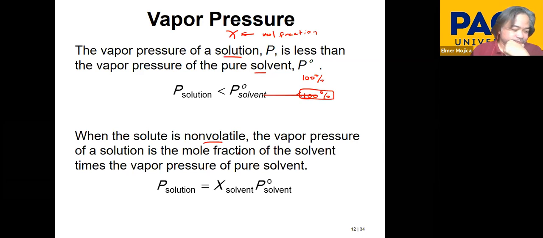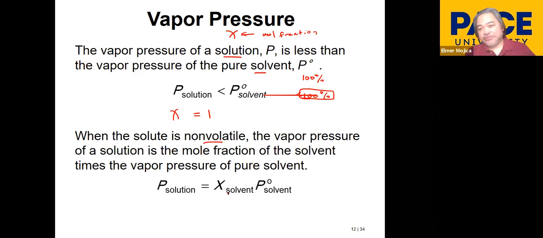What would the mole fraction be if you have 100% solvent only? Your mole fraction would be equal to 1. So the vapor pressure of the solvent times 1 is equal to the pressure of your solution.